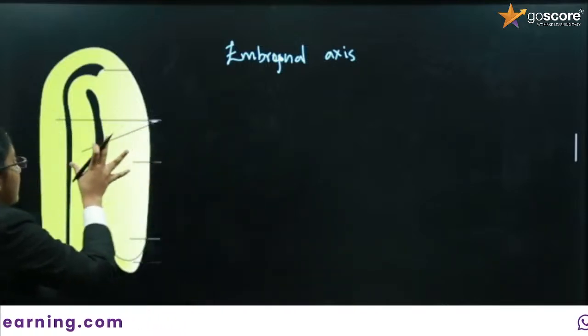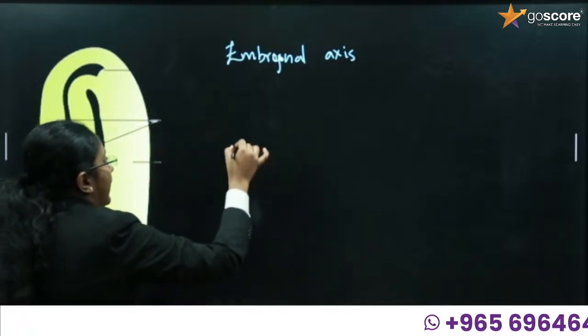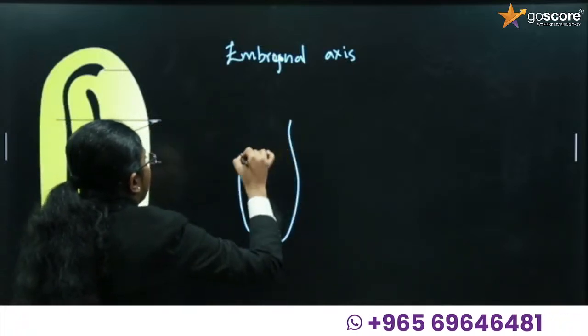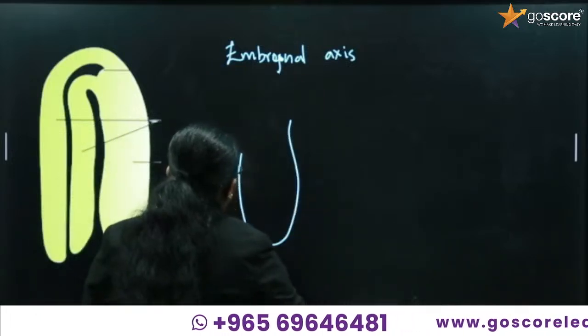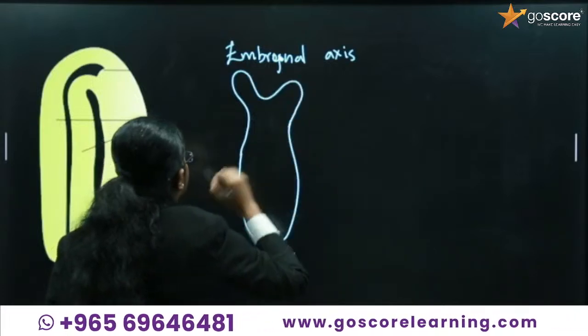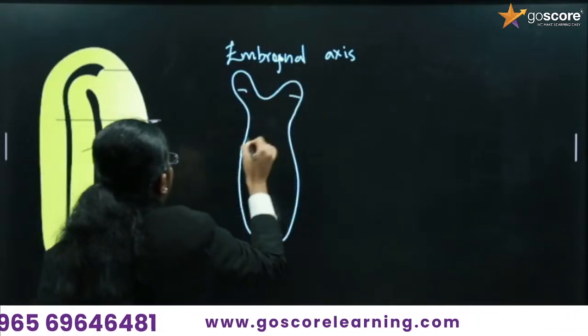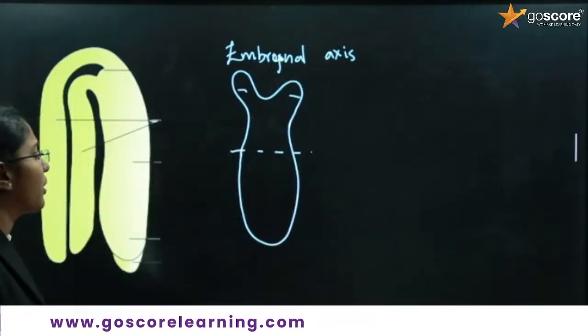If you are considering this as the embryo, see, this is in a twisted portion. Let's keep it in an upright condition like this. These are two cotyledons and this is the embryonal axis.